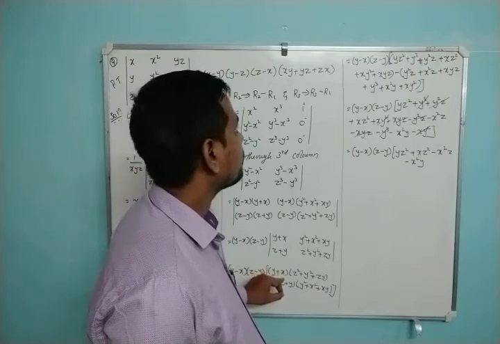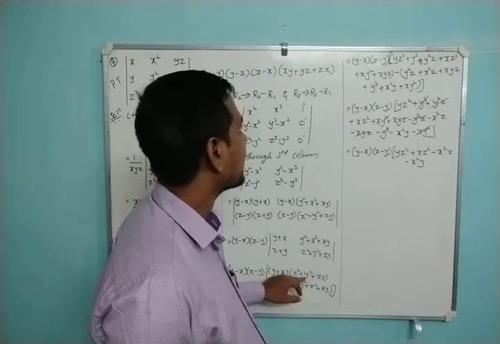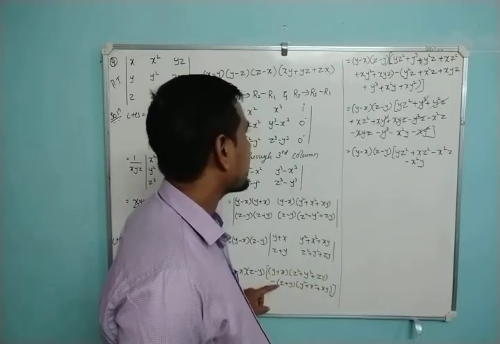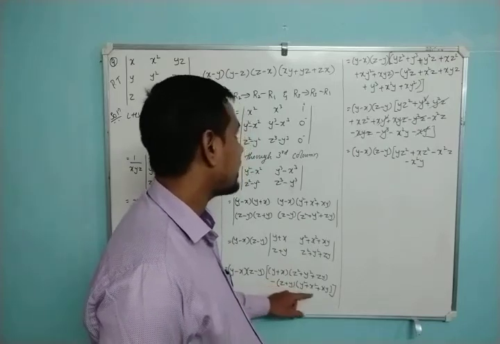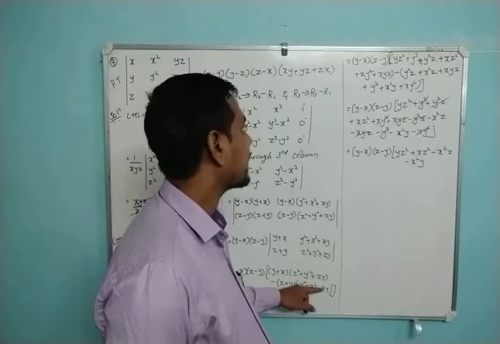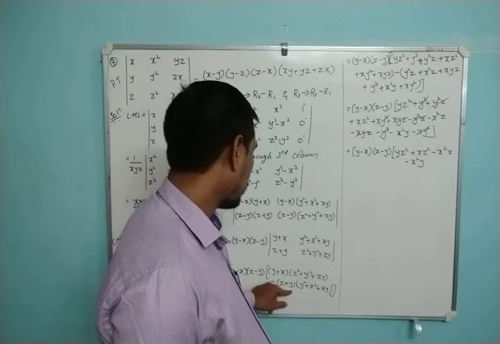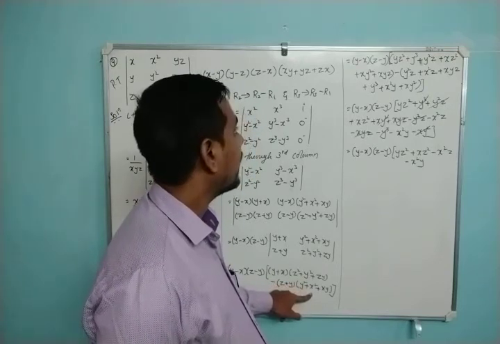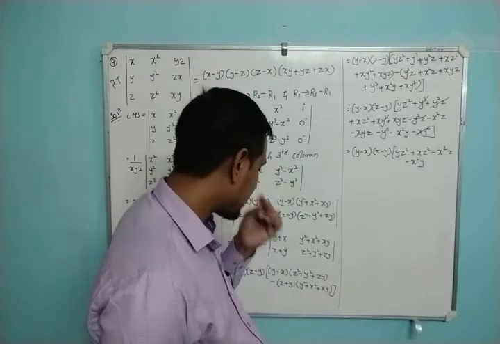Then x into y square, xy square, x into zy, xyz, minus z into y square z, z into x square z, z into xy, xyz, then y into y square, y cube, y into x square is x square y, x into xy is xy square.